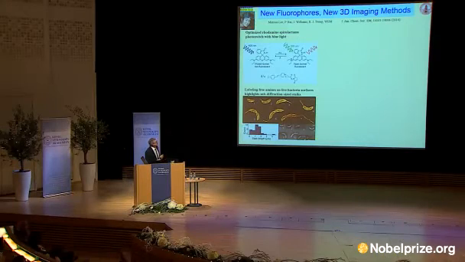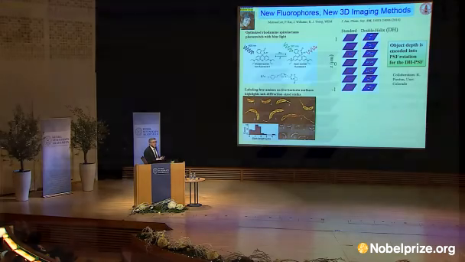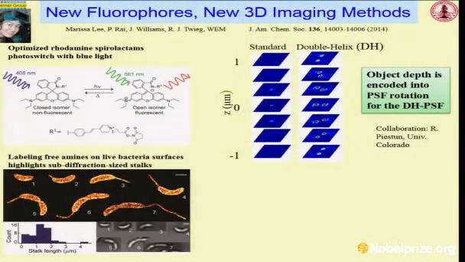In terms of methods, there's been a lot of interest in 3D methods. We've used this particular one where we convert the standard microscope into what we call a double helix microscope. The standard microscope, as you move in Z, you see a single molecule going in focus, out of focus, in focus, out of focus, and so forth. But with the double helix, the single molecule looks like two spots that revolve around one another.